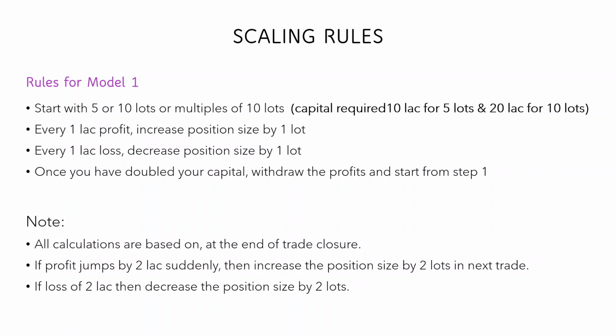So if suddenly one trade gives you 2 lakh rupees profit, you increase by 2 lots, not a single lot. If you have a loss of 2 lakh, then decrease the position size also by 2 lots. So these are the rules.